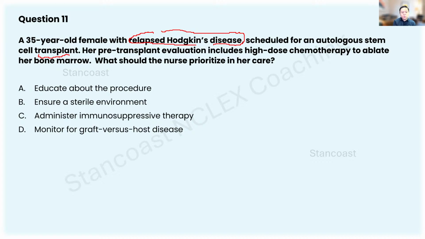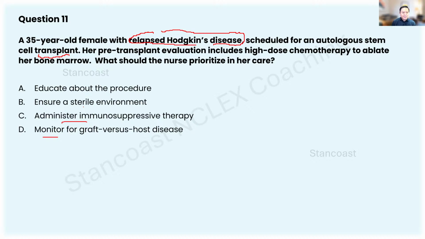So what do you think would be the priority? Okay. Is it educate about the procedure, ensure a sterile environment, administer immunosuppressive therapy, or D, monitor for graft versus host disease?